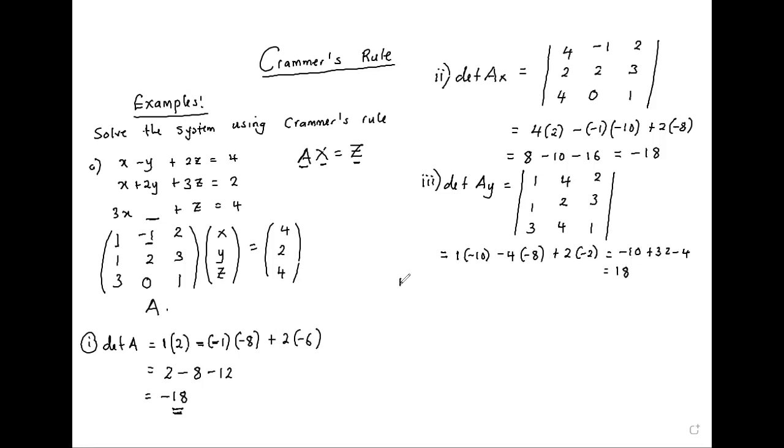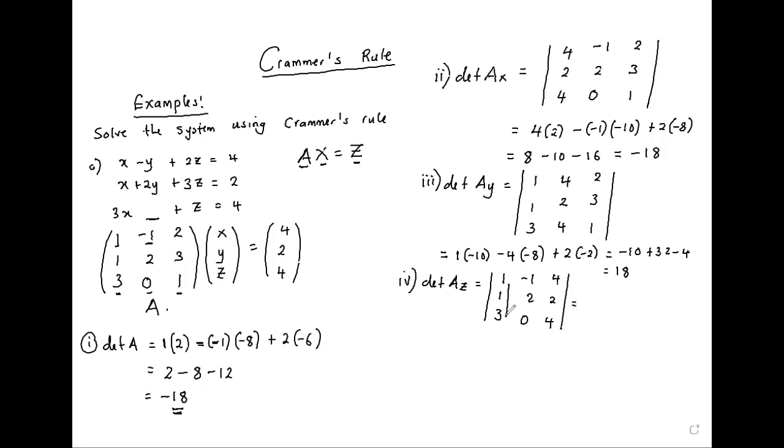And then the fourth thing is to get determinant AZ. This time around, the first column and second column, we have them: 1, 1, 3, negative 1, 2, 0. And then replace the third one with this one. Determinant.